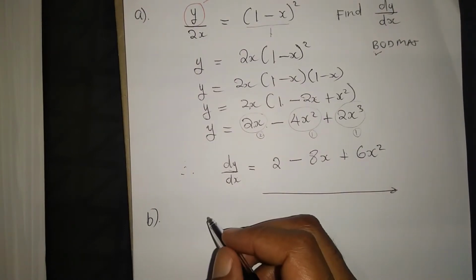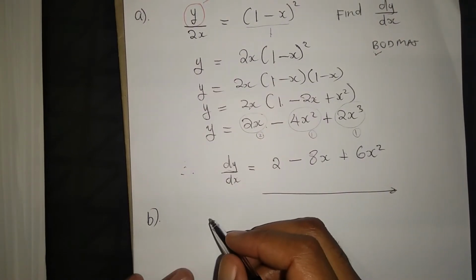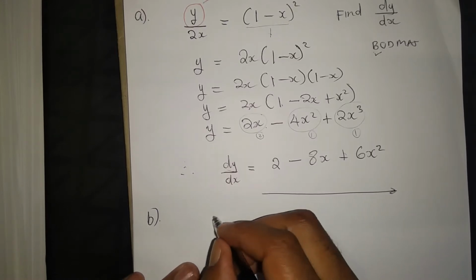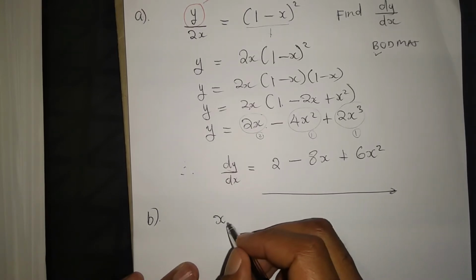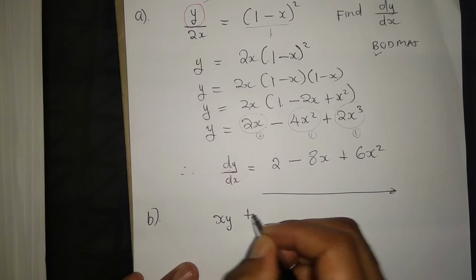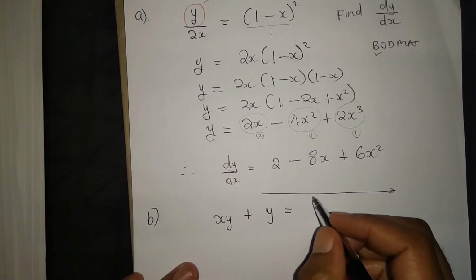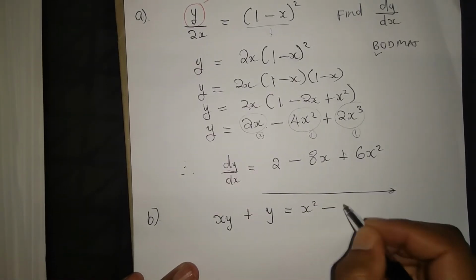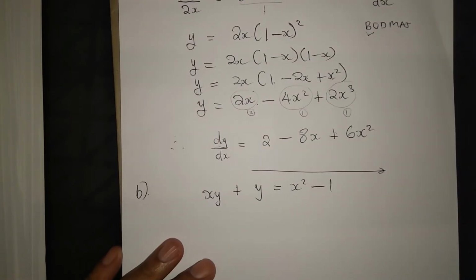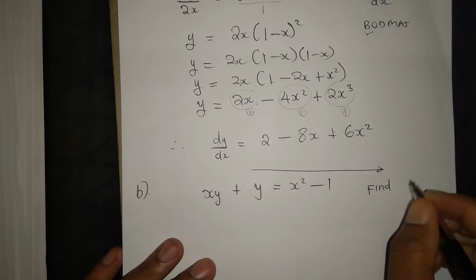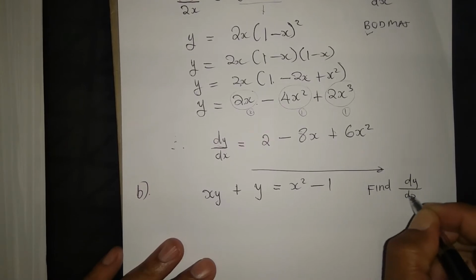For B, I'm assuming you watched video 1 as well as video 2, so we are advanced now. That's the assumption. Here we are given the function xy plus y is equal to x squared minus 1. Then find dy over dx.